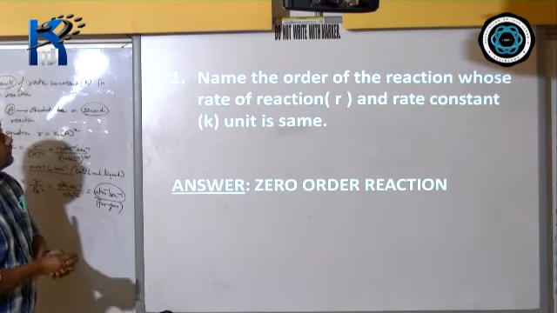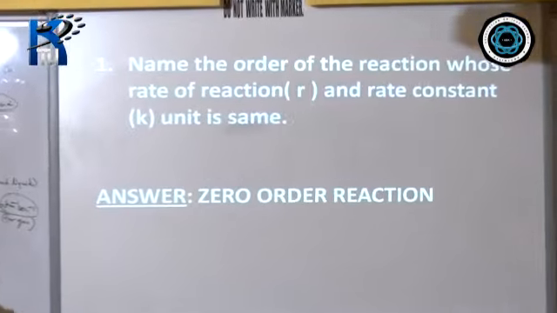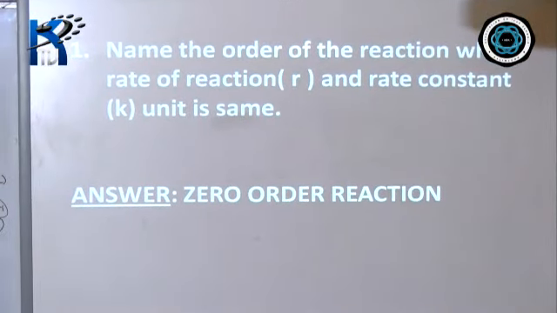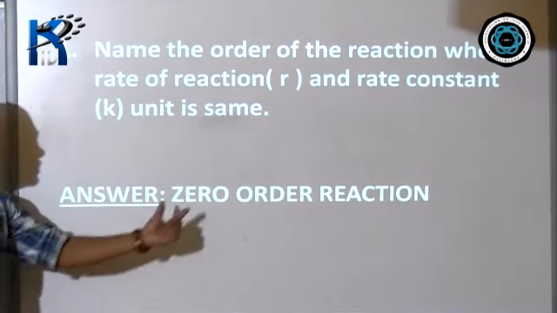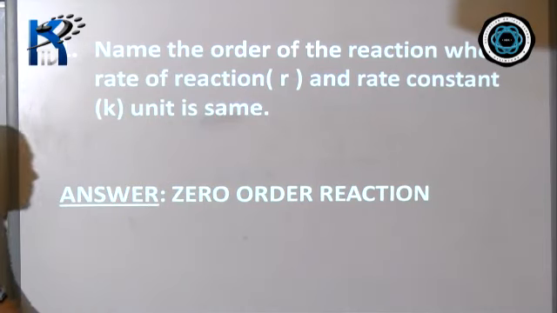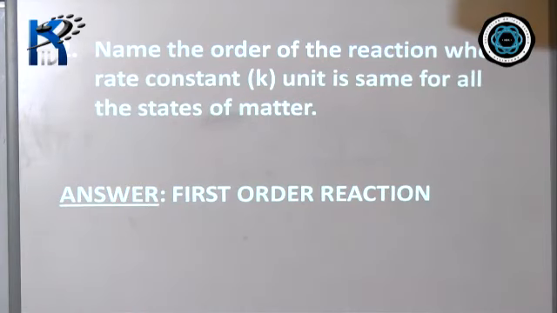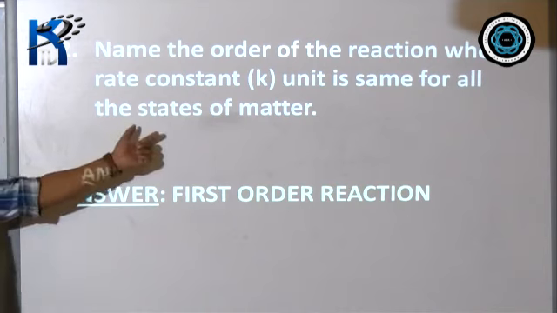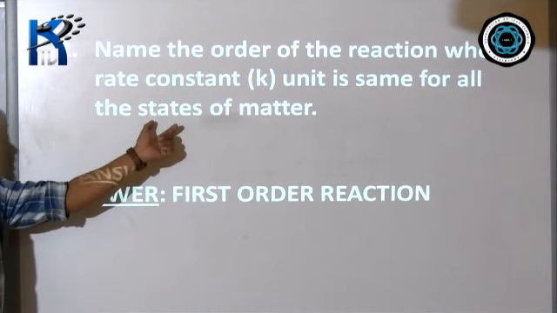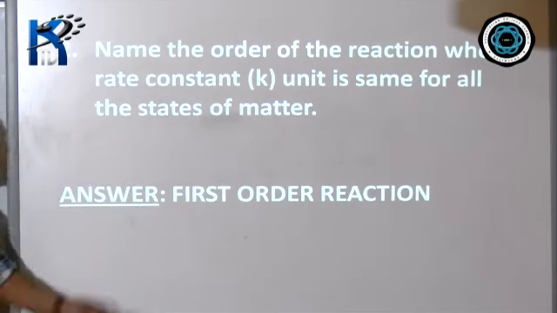Name the order of reaction whose rate of reaction small r and rate constant K is same. That means the unit of R and K is same, so the answer is zero order reaction. Next, name the order of reaction whose rate constant K unit is same for all three states of matter, solid, liquid, gas. So the answer is first order reaction.